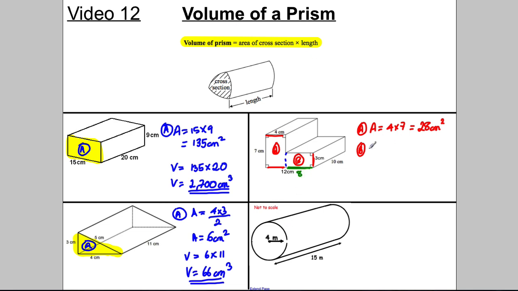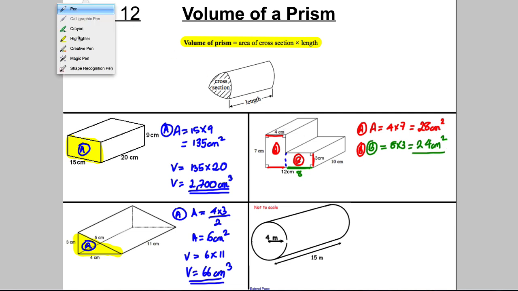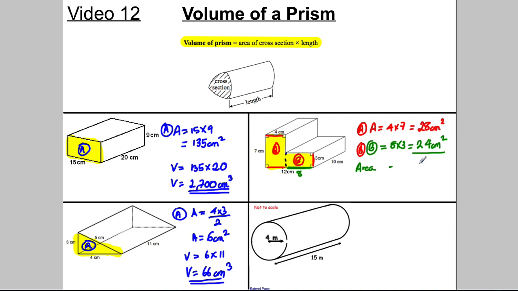So the area of B would be 8 multiplied by 3, which is equal to 24 centimeters squared. So the area of the whole of the face, which is all of this thing here, we would add those two answers together, which would be 52 centimeters squared.